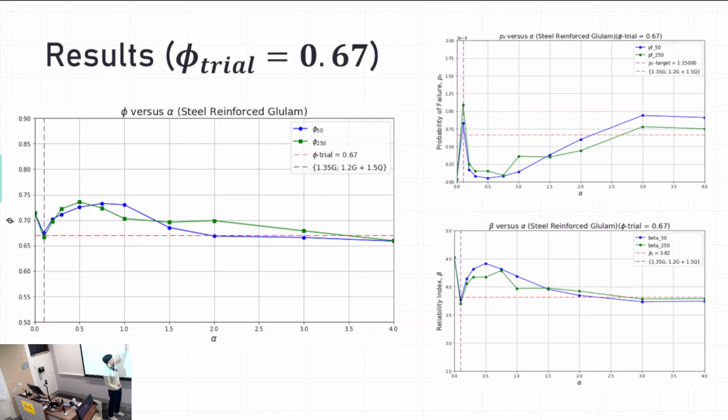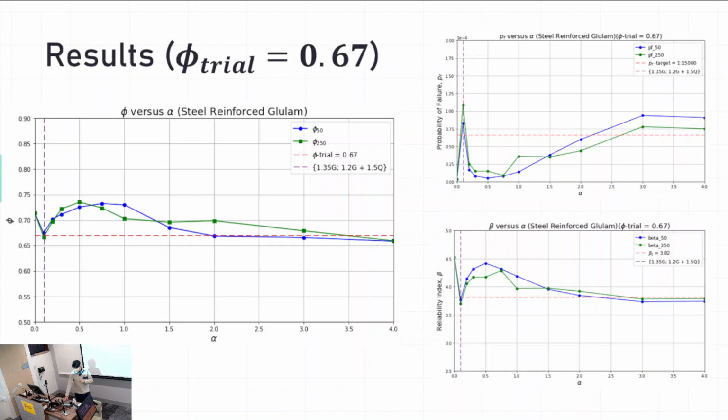And we want to keep the probability of failure below this line and the beta, which is the reliability index, above this line. And we say for beams that the typical values of loading for alpha are between 0.25 and 2. So this value is quite justified.